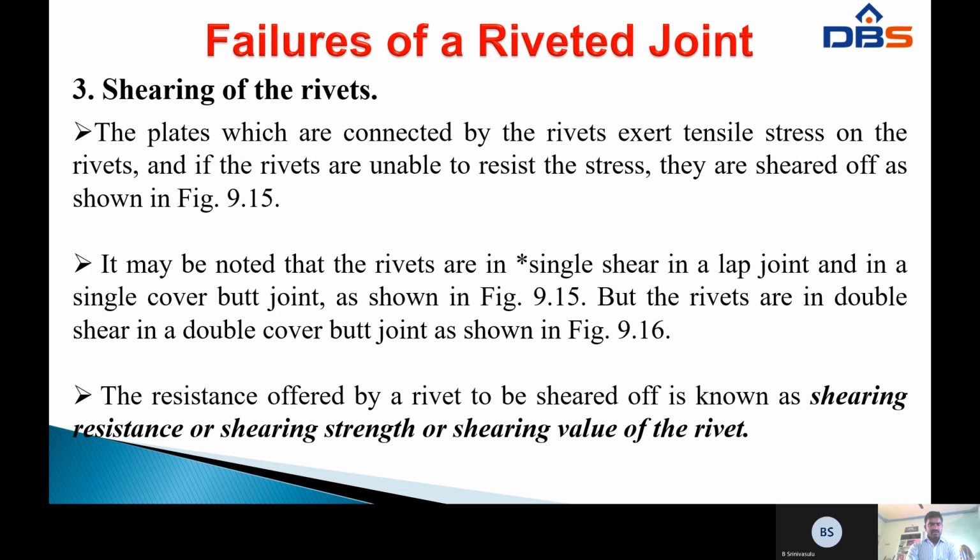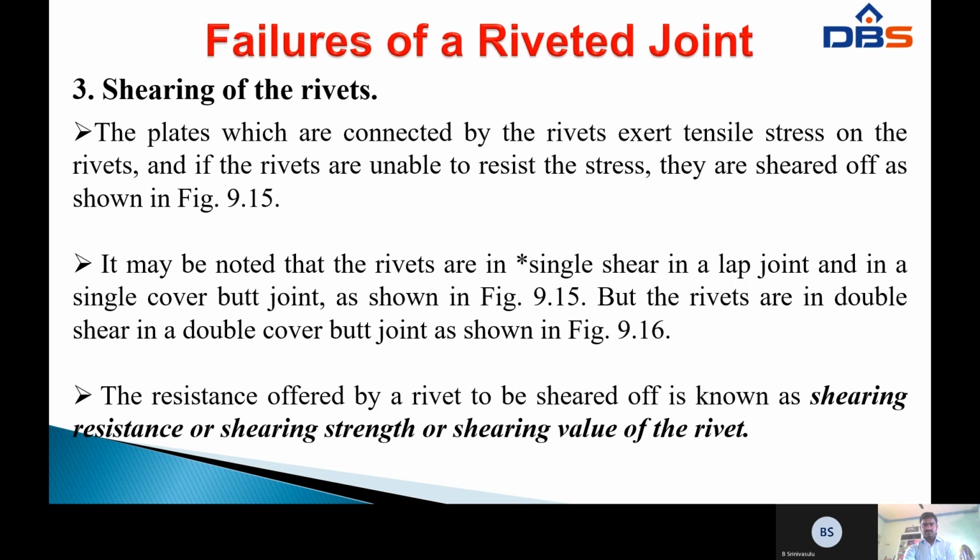It may be noted that the rivets are in single shear in a lap joint and a single cover butt joint. The rivets are in double shear in a double cover butt joint. The resistance offered by the rivet to being sheared off is known as shearing resistance, shearing strength, or shearing value of the rivet.